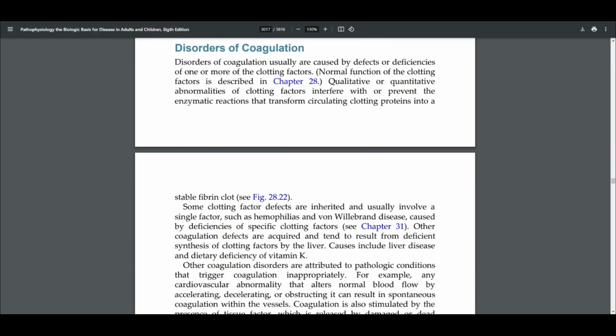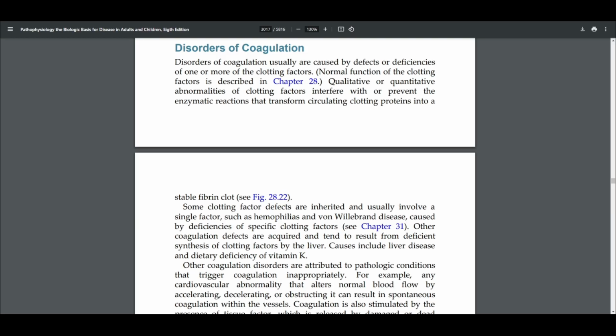Disorders of coagulation usually are caused by defects or deficiencies of one or more of the clotting factors. Qualitative or quantitative abnormalities of clotting factors interfere with or prevent the enzymatic reaction that transforms circulating clotting proteins into a stable fibrin clot.